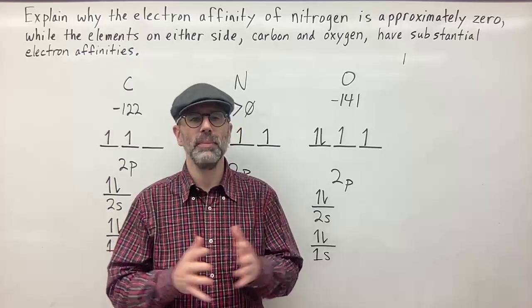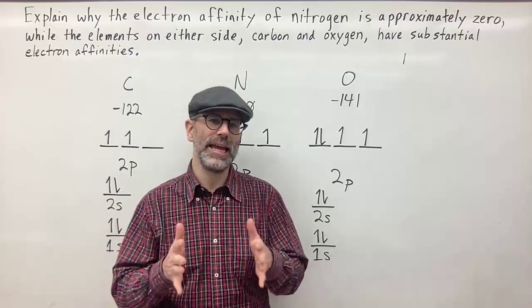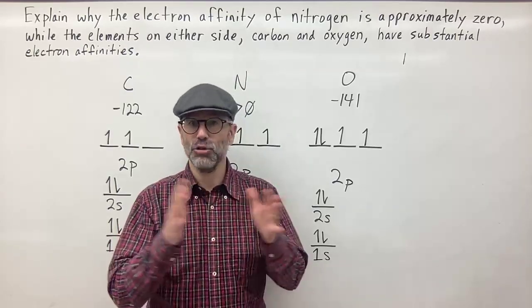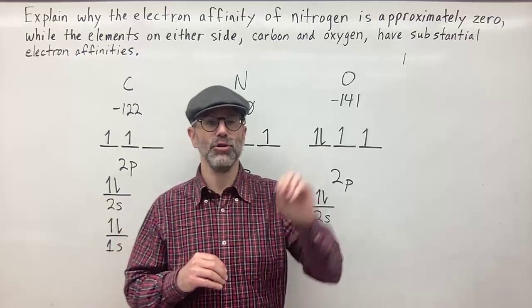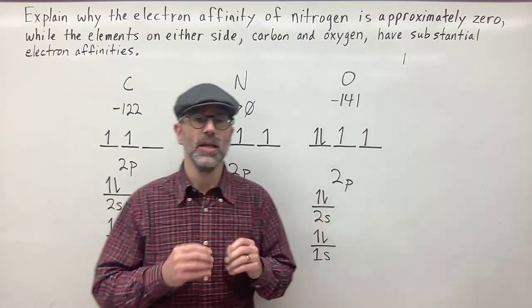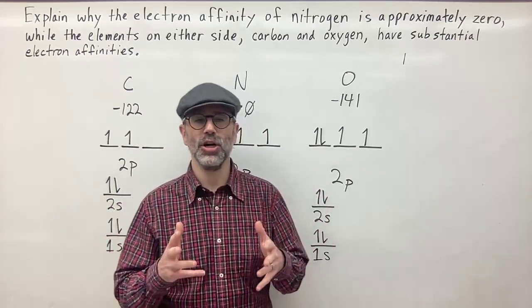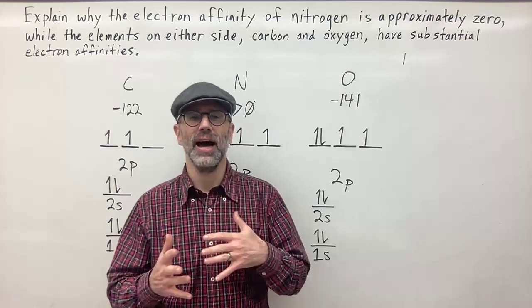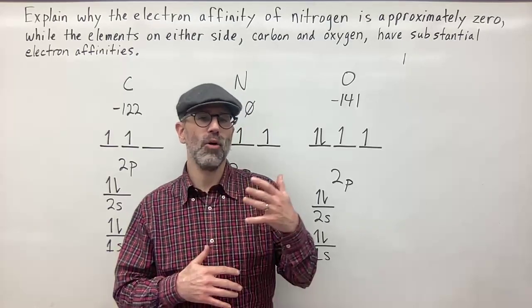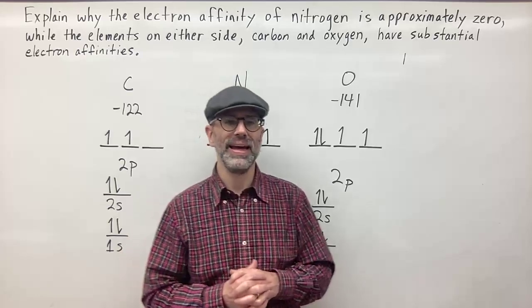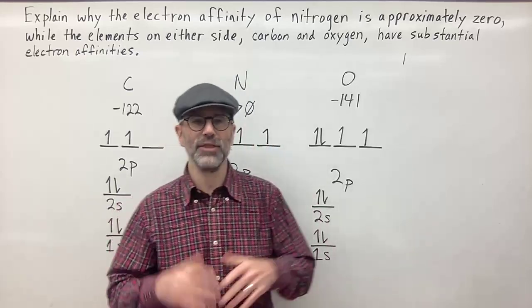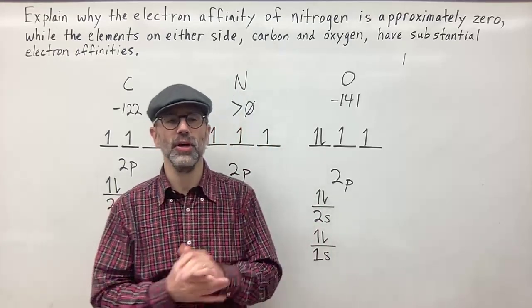What we mean by electron affinity is the change in the energy of a neutral atom when you add an electron to that atom. This is a measure of basically how much an atom would like to have an electron, if we put it in anthropomorphic terms.